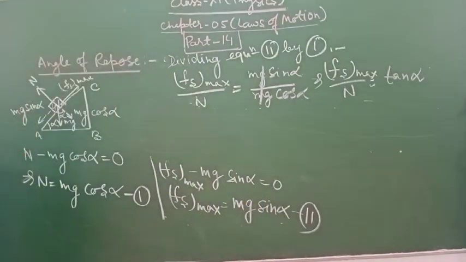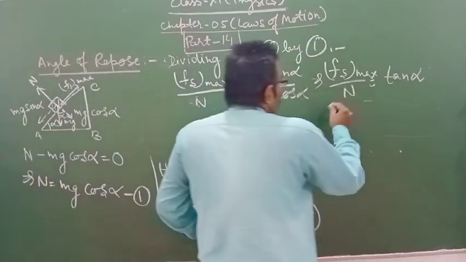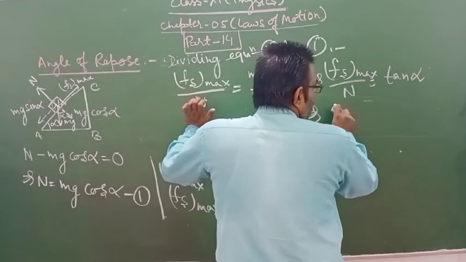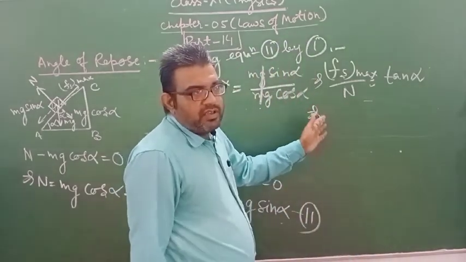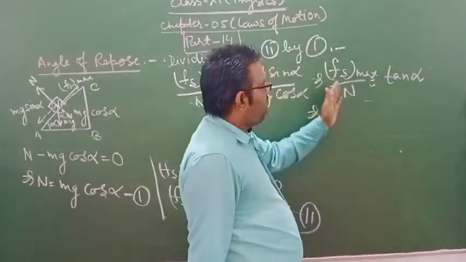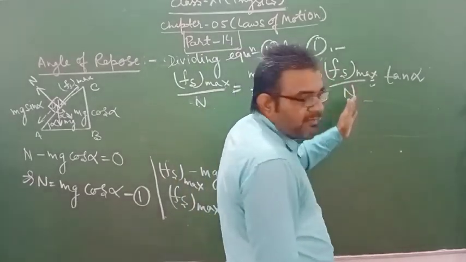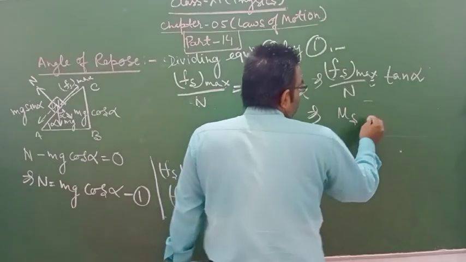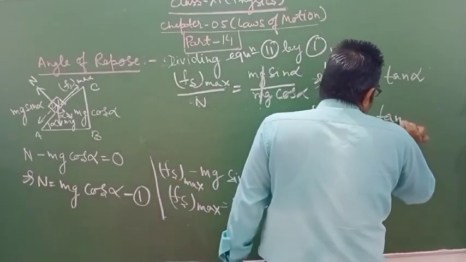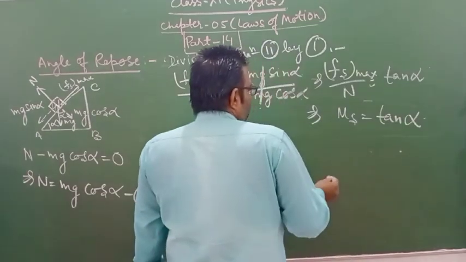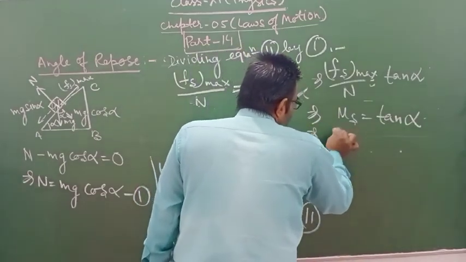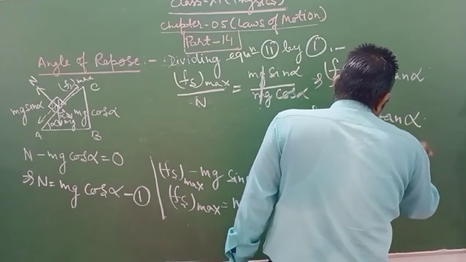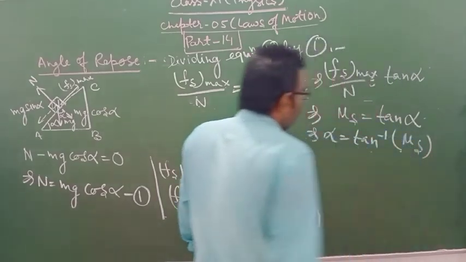We have studied that Fs max upon R, or Fs max upon N, is equal to mu s, the coefficient of static friction, so mu s is equal to tan alpha. Clear, students? Or alpha is equal to tan inverse mu s.